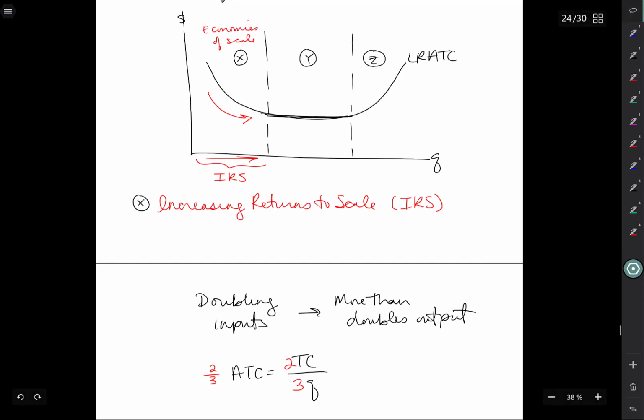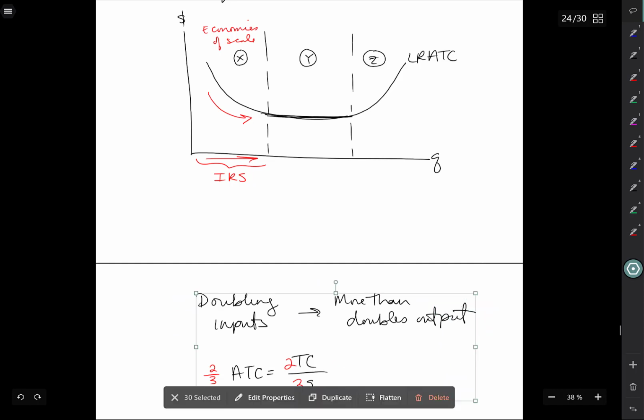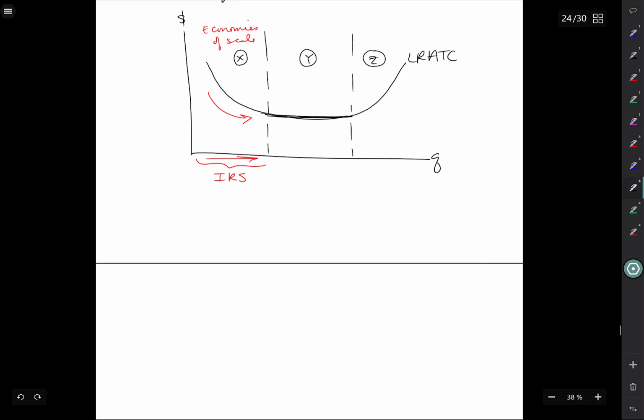Now let's look at region Y. And to do that, I'm just going to erase this so that we keep everything on the same screen. Region Y. This is what we call constant returns to scale, also known as CRS.